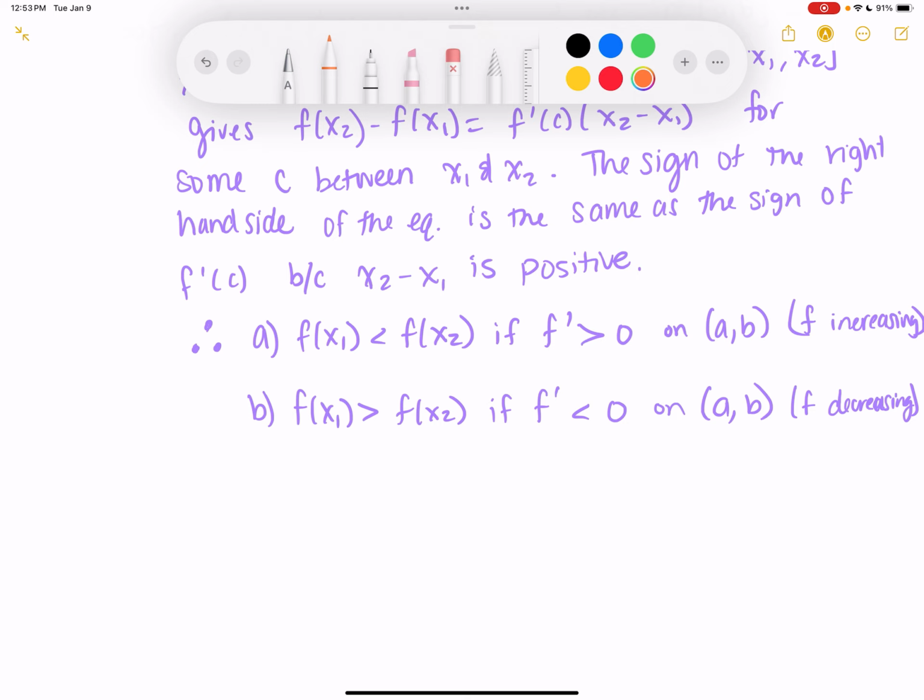All right, we're going to have a couple corollaries here. The first one: functions with f prime equal to 0 are constants.